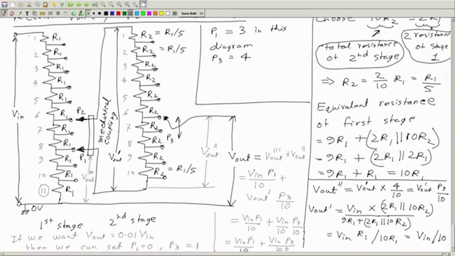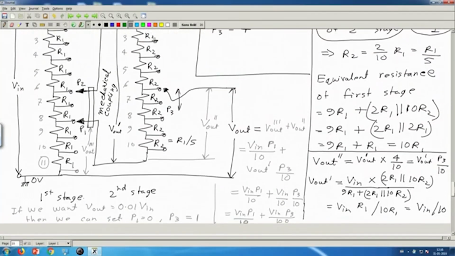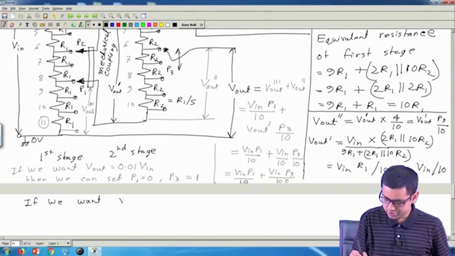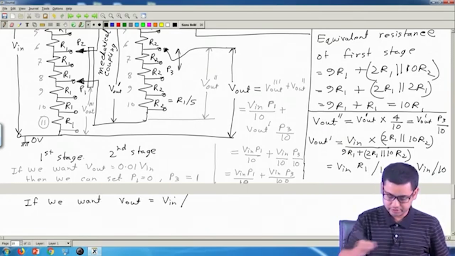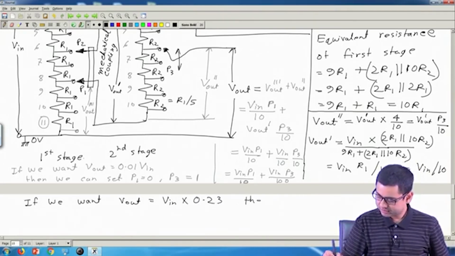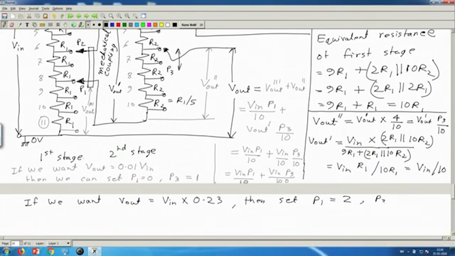So we will bring this pointer down here at 0 level, and this will automatically come together with it. We will bring this pointer after the first resistance here. Now if you want any other arbitrary value, say Vout equals Vin multiplied by 0.23, then set P1 equal to 2 and P3 equal to 3.